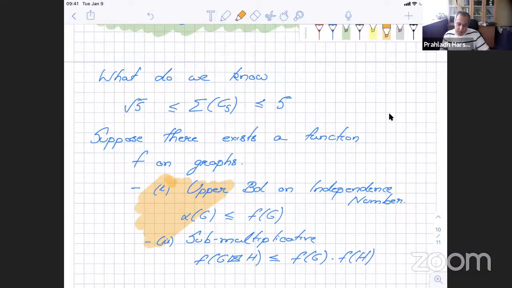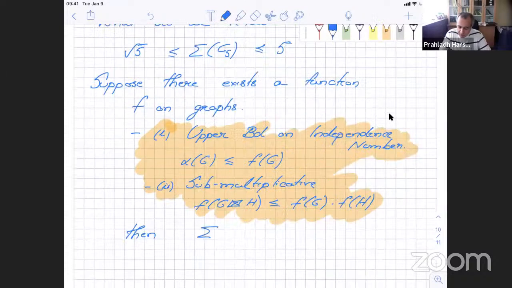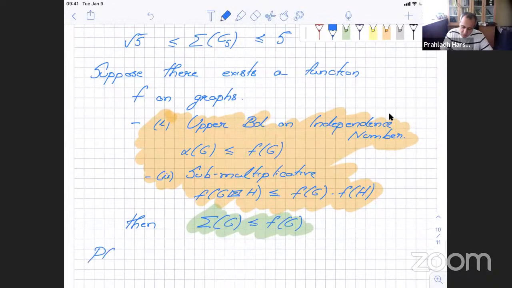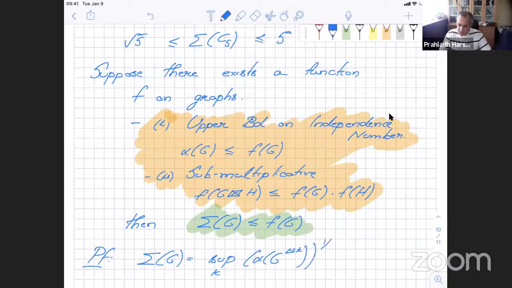Then I claim that sigma of G is less than or equal to f of G. And the proof of this is very simple to see. What is sigma of G? Sigma of G we saw was the supremum over k of alpha of G strong product k, whole to the power 1 over k.